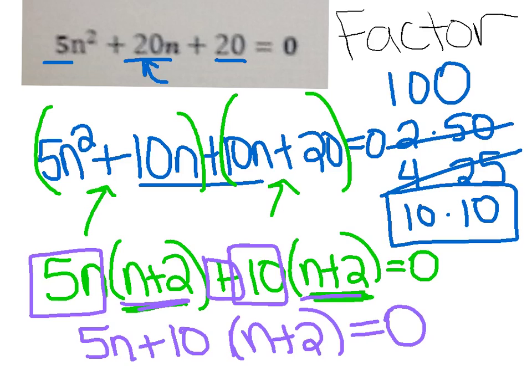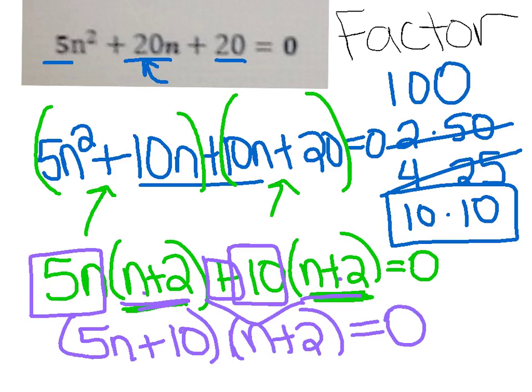Now, when we look at this, we know we multiply them because we're taking out the greatest common factor once again. So we are going to take out the 5n and the 10, and then the n plus 2's will be the same, and they combine down into the n plus 2.